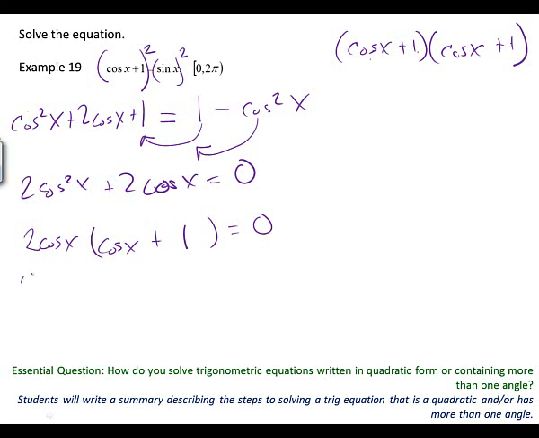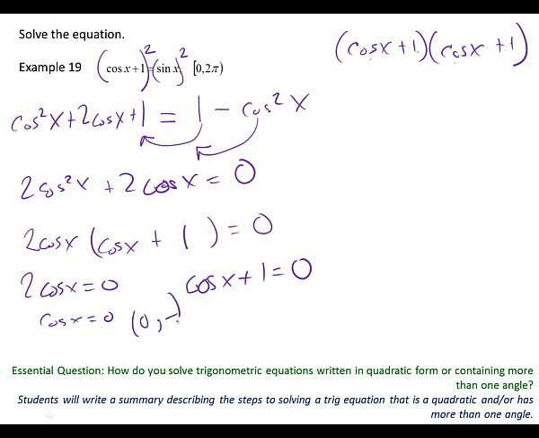Zero product property. I'm just waiting for everybody to catch up. I don't want to go too fast. All right, I divide by 2. I still get cosine x is equal to 0, so I need to know where the x value is equal to 0. So what radian measures does that happen at? Good.